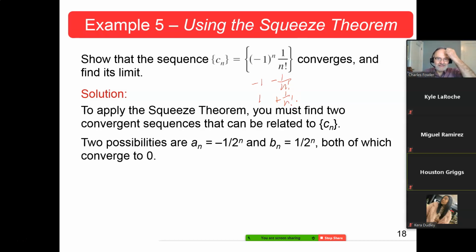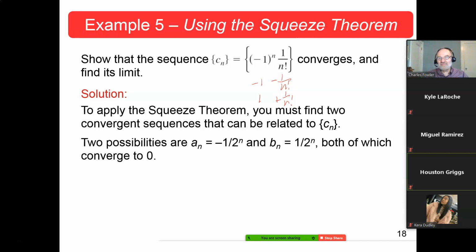Now, if you think about that too heavily, you say, well, my goodness, n factorial is going to be getting bigger and bigger. So there's a negative 1 over a very big number. That's going to 0 from the underneath side. And when you have a plus 1 there, you're approaching 0 from the upper side. So yeah, that's got to be 0.